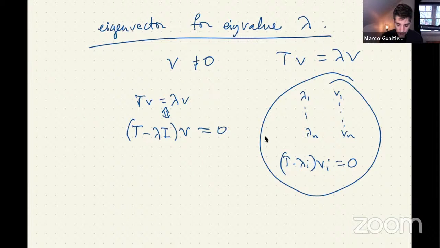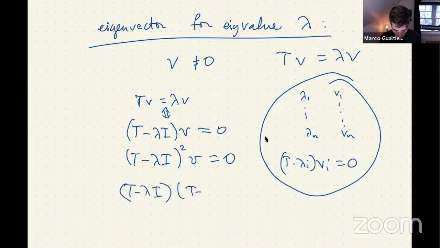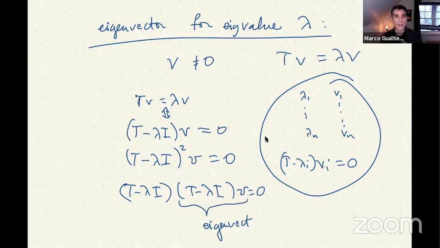So what you do is say, I'm going to look at vectors which are killed, but not by T minus lambda, but by a power of T minus lambda. So what does this mean? This means that (T minus lambda I) applied to Tv minus lambda v equals 0, so this is an eigenvector, because T minus lambda I kills it.